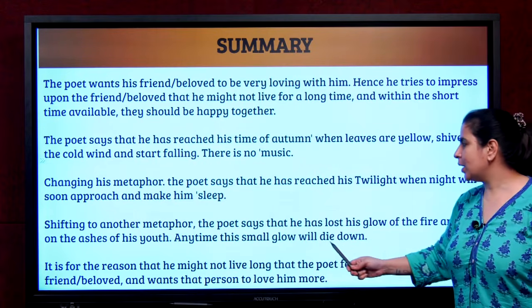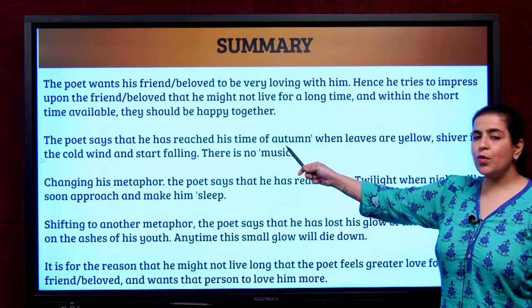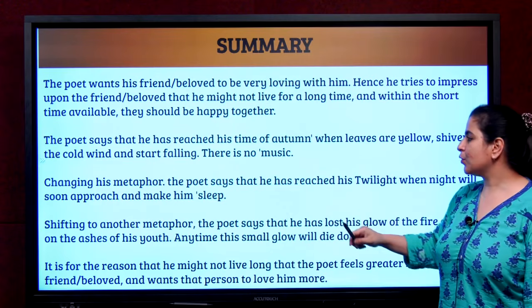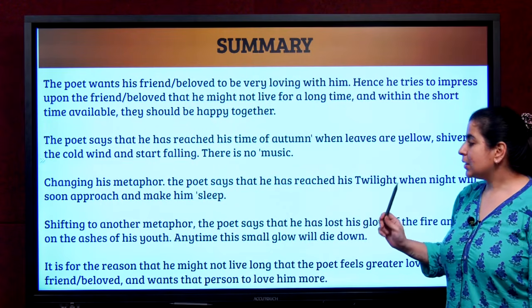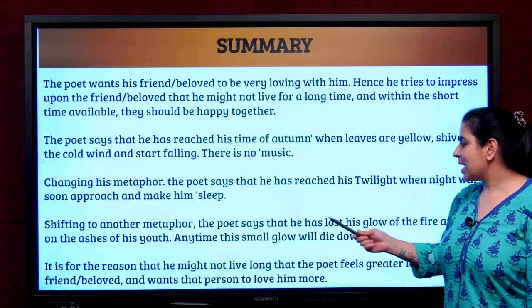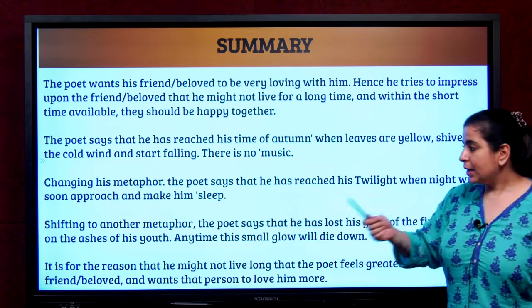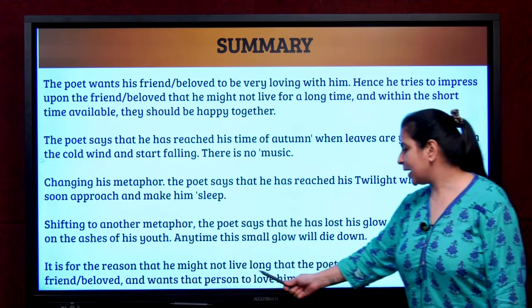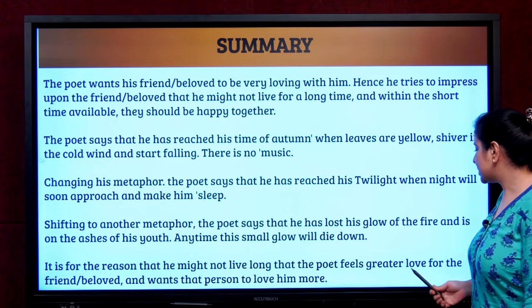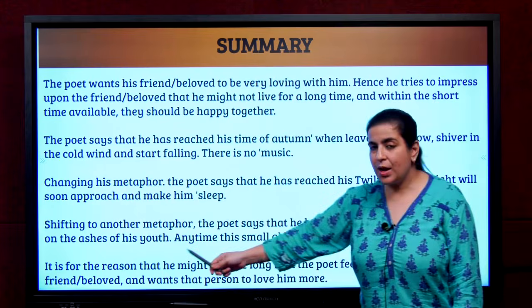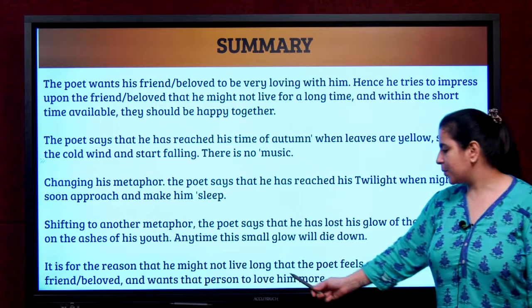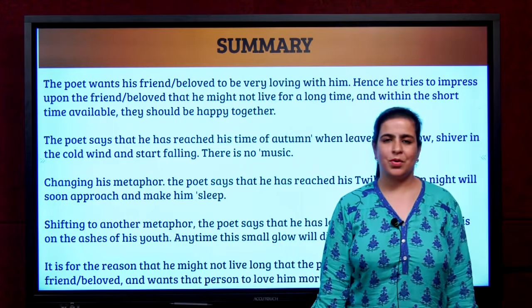Anytime this small glow will die down. First metaphor is autumn, second metaphor is twilight, third metaphor which is used is ashes, okay, the glow of fire. It is for the reason that he might not live long that the poet feels greater love for the friend or beloved and wants that person to love him more.